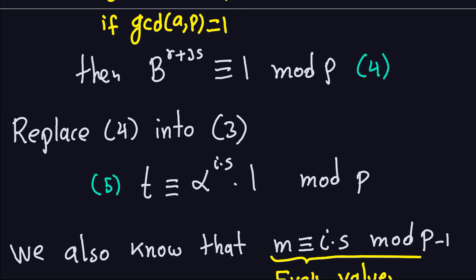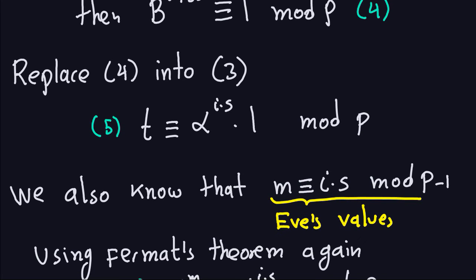Okay, so to do the last step, let's use what Eve also did. What Eve did was she computed the message m, and the message m was congruent to i times s modulo p minus 1. Now, I'm going to use Fermat's little theorem again. Fermat's theorem says basically the following thing.